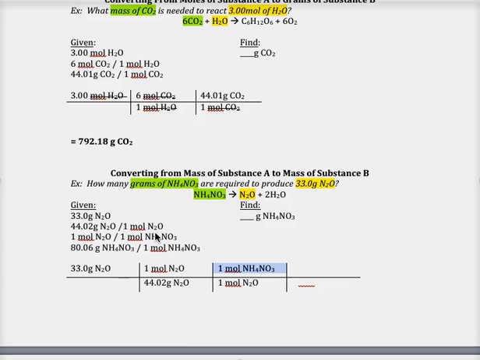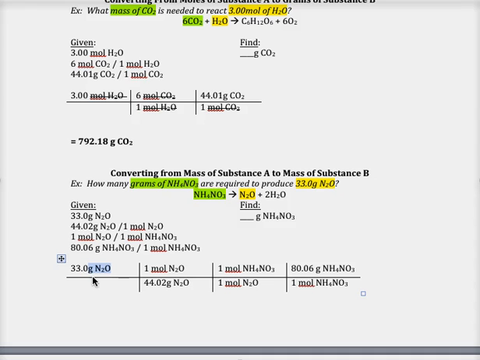And I'm nearly done. Finally, I'm going to use this last ratio, the molar mass of this NH4NO3 compound. I put the fact that 1 mole of this compound has a mass of 80.06 grams.